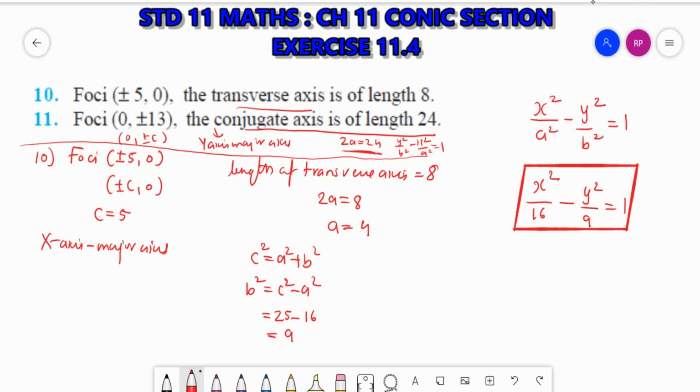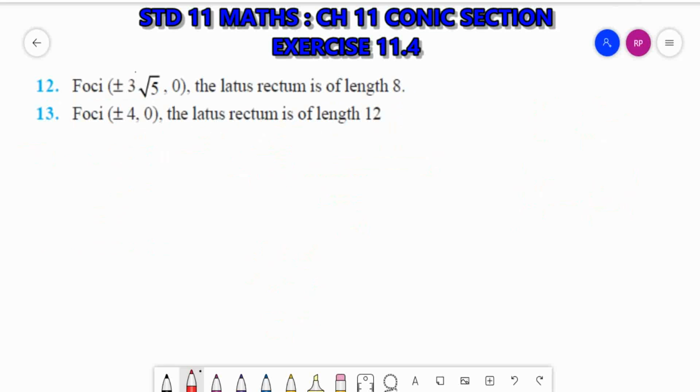Now let's move to the next one. Next, question 12 and 13, both are similar. So I will solve one for you, and the other you have to solve by yourself. So now I will solve 13. 12 you solve by yourself. See, foci is given plus minus 4, 0. Comparing it with plus minus c, 0, I will get c is equal to 4.